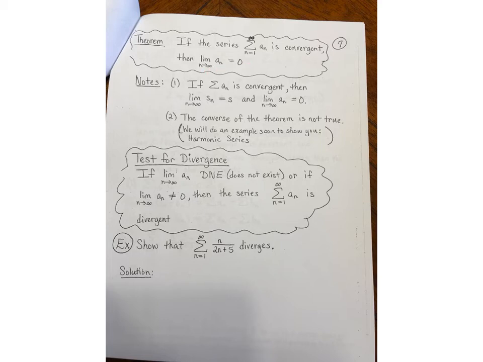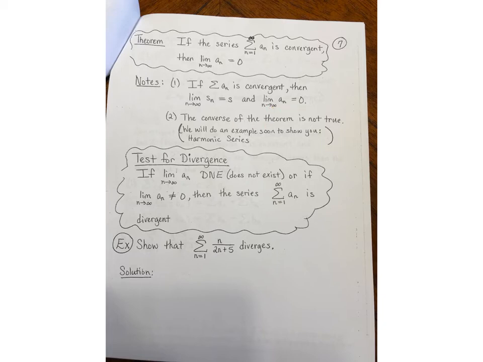So if you have a convergent series, then the limit of that sequence a sub n as n approaches infinity is equal to 0. Some things to note: if this series is convergent, then the limit of the partial sum as n approaches infinity is equal to s, and the limit of a sub n, that original sequence, as n approaches infinity is equal to 0.